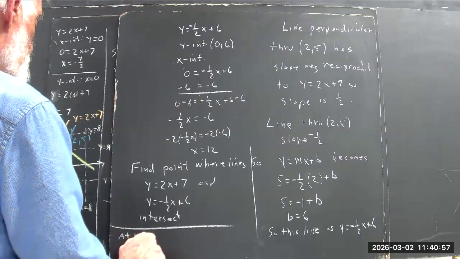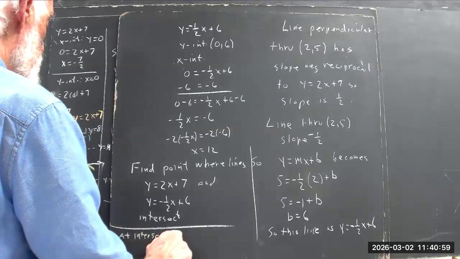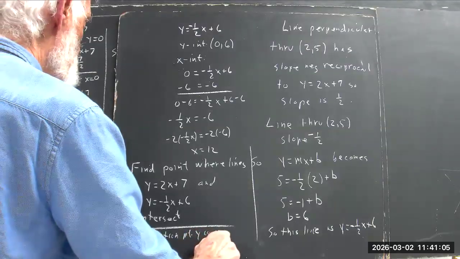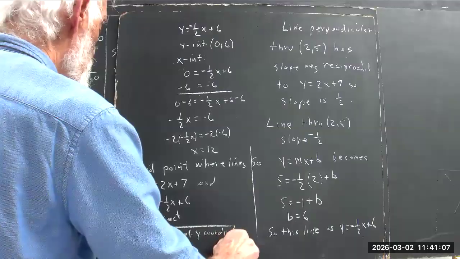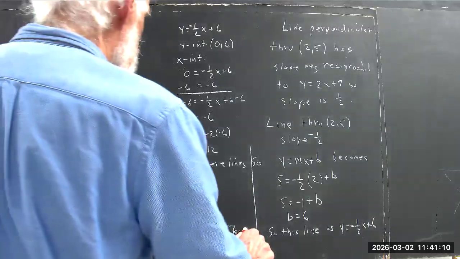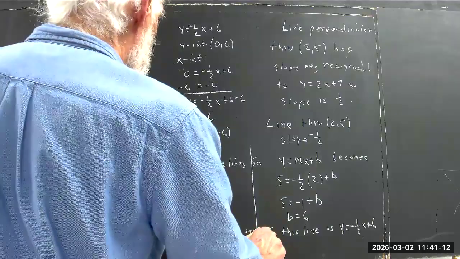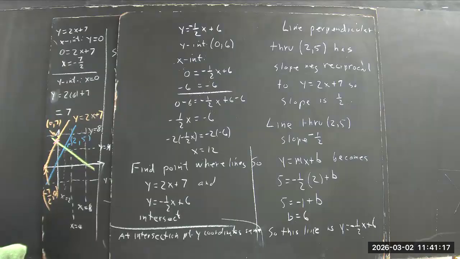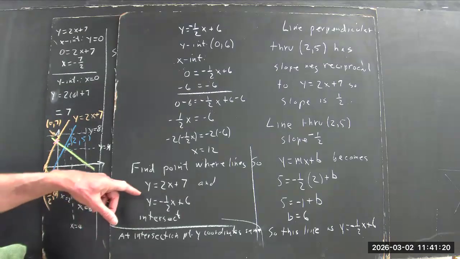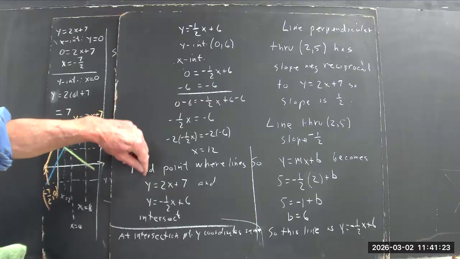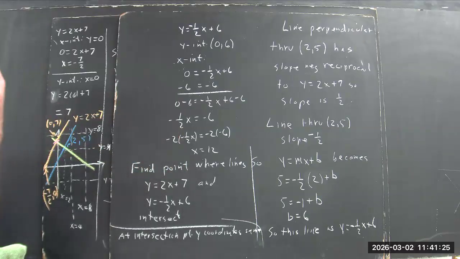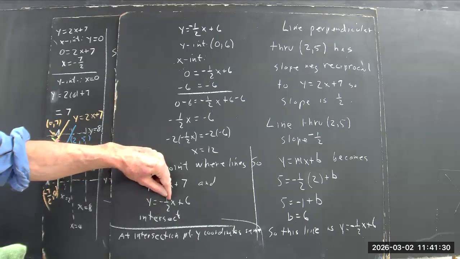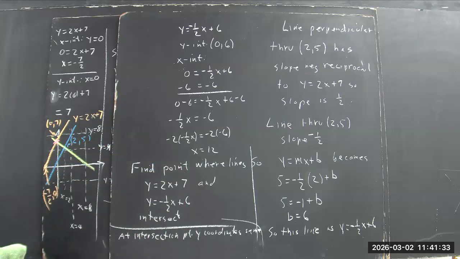At the intersection point, the y coordinates are the same. And for the first equation, your y coordinate is 2 times your x coordinate plus 7. For the second equation, your y coordinate is negative 1/2 times your x coordinate plus 6.